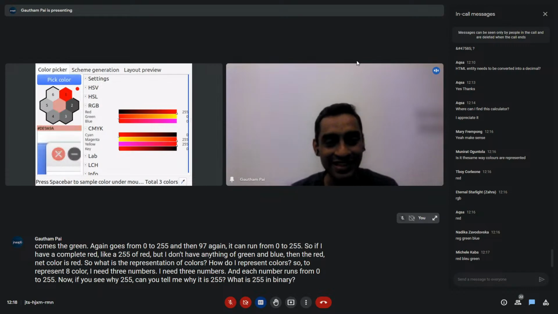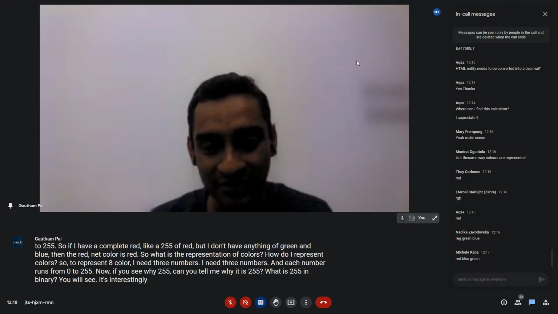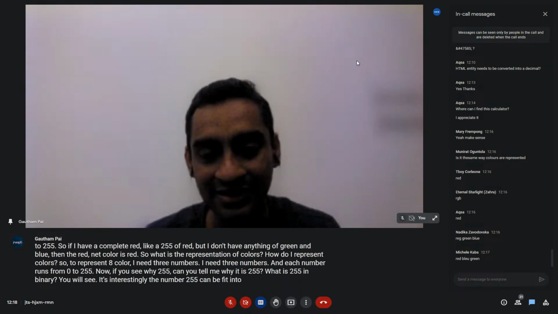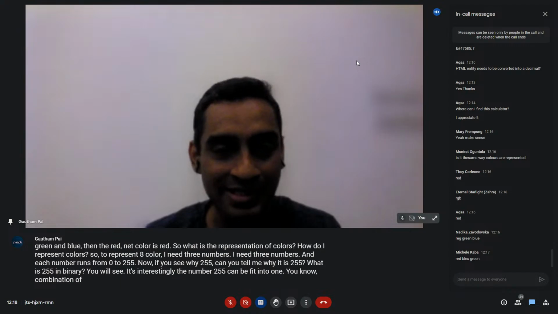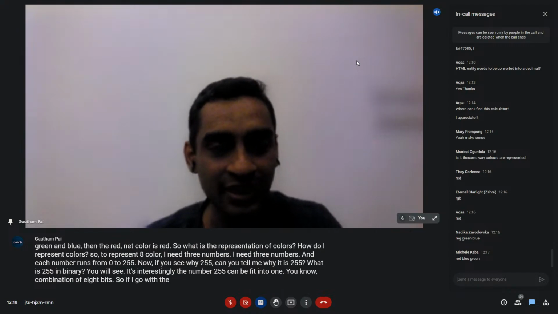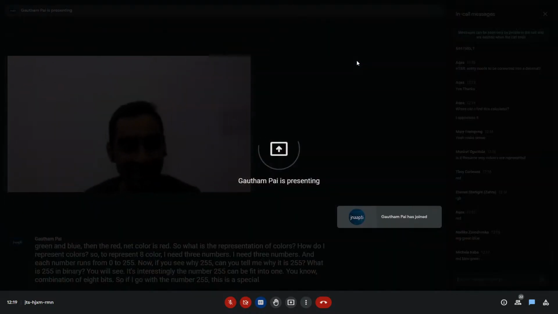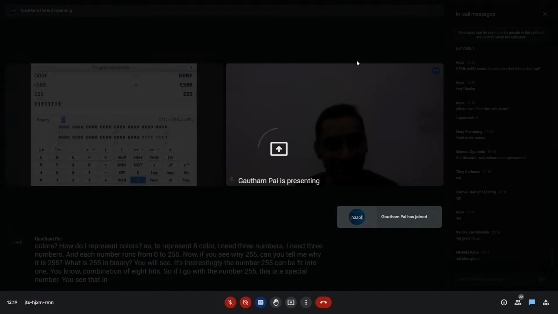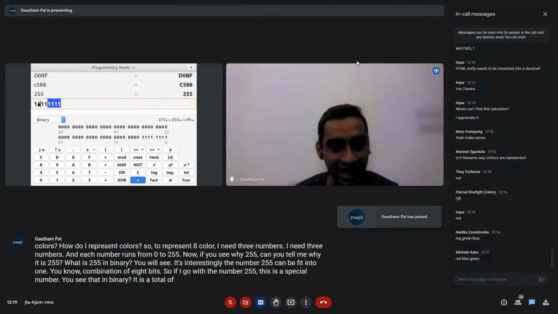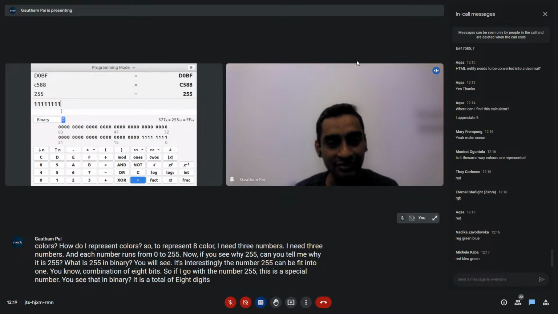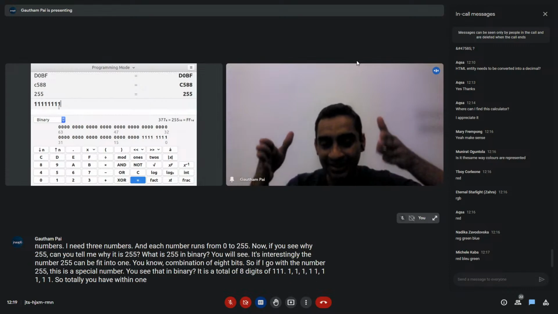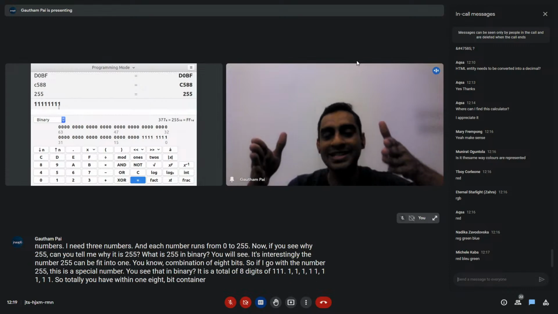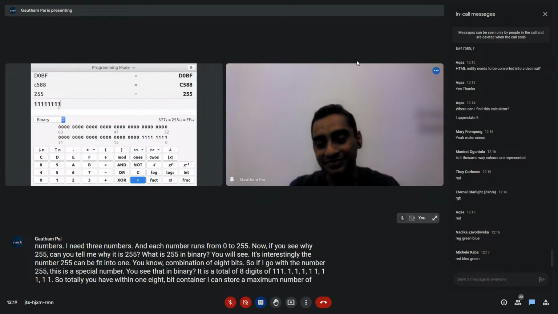Interestingly, the number 255 fits into one combination of 8 bits. This is a special number. In binary, it is a total of 8 digits of 1111 1111. So within one 8-bit container, I can store a maximum number of 255.